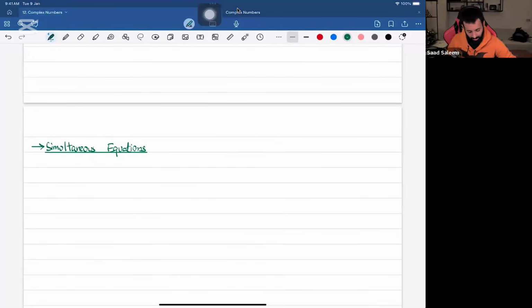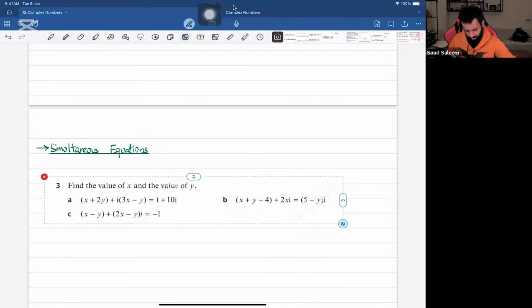I'm sorry, these are not simultaneous equations. Just a second. They turn into simultaneous equations. Okay, you know what? Let's call them simultaneous equations only.